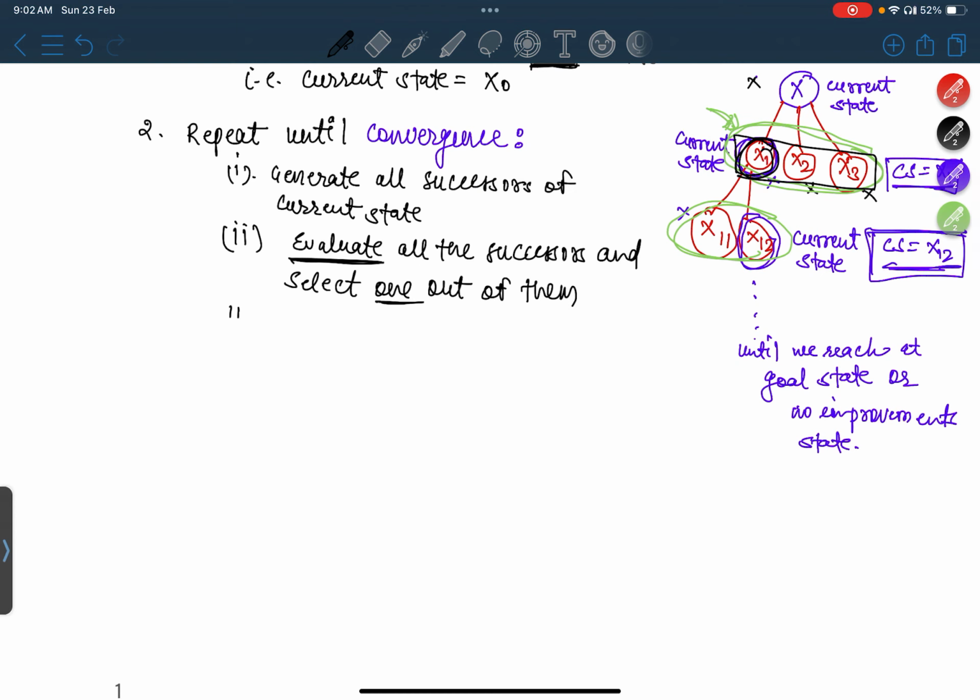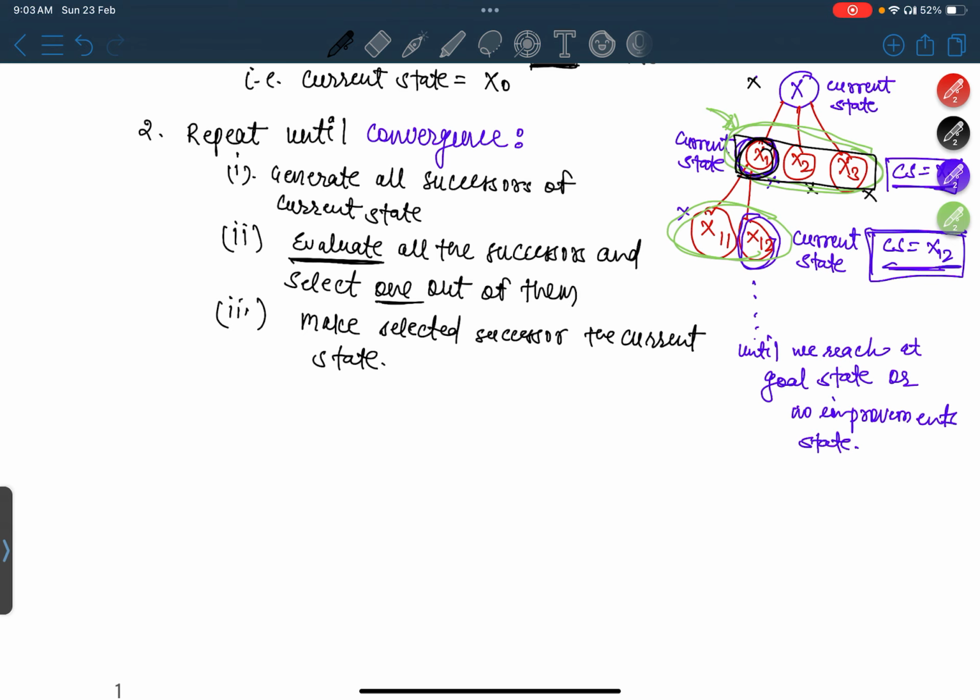And so third step, make the selected successor the current state, and that's it, right?